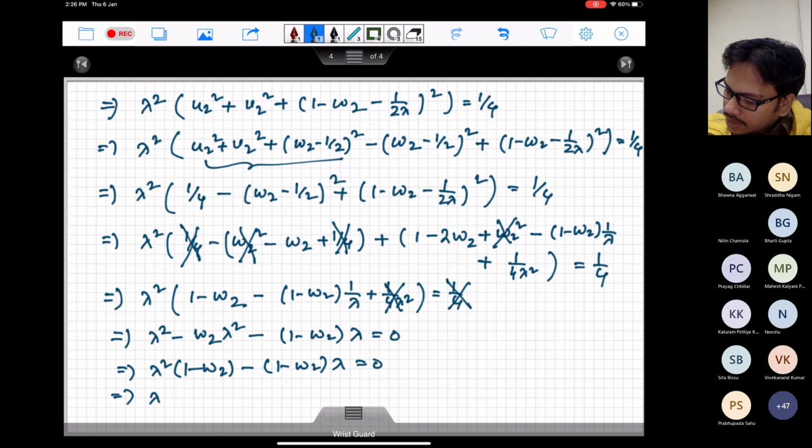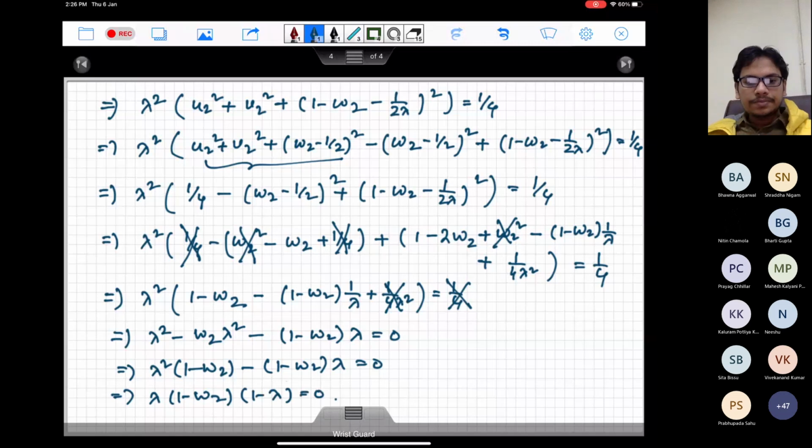That gives me lambda into (1 minus omega 2) into (1 minus lambda) is equal to 0. Fine, agreed? Or maybe lambda minus 1. Sorry, not 1 minus lambda, but lambda minus 1. Doesn't really matter. Okay, so we are going to get this. I hope I have done the calculations correctly.